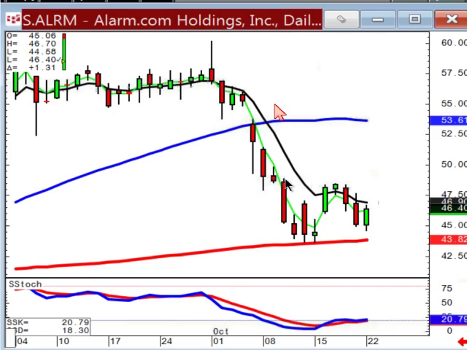I pointed this one out because you had your best friend signal that didn't confirm. Now you've got a bullish harami. What does that kind of tell you? Pretty much that the selling has stopped. This is what I call the stutter step, or kind of a derivative of your double bottom.